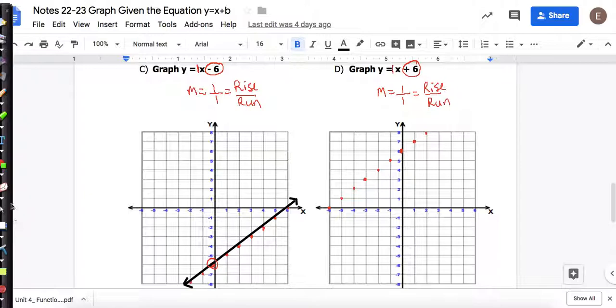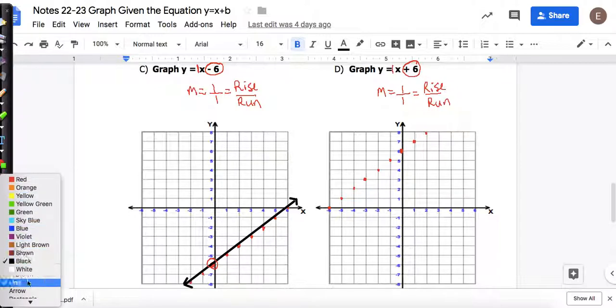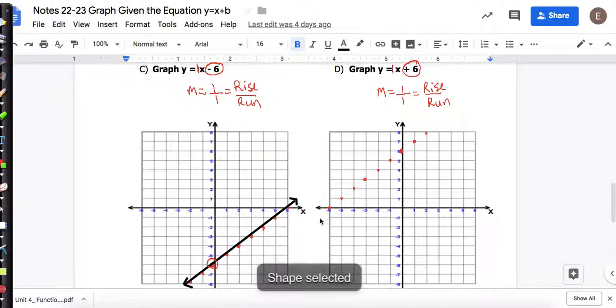Now we're going to connect those points and put arrows on both ends. And notice it crossed at 6, so circle that. That represents the y-intercept, and look what the ending is, +6.